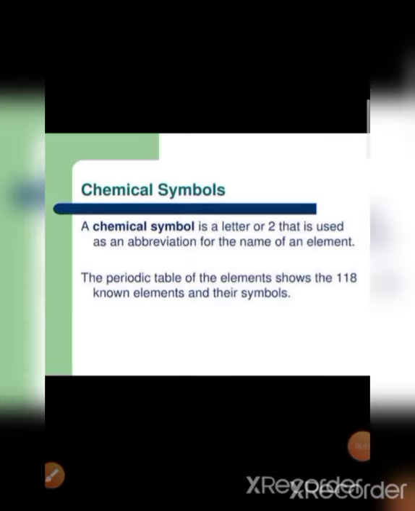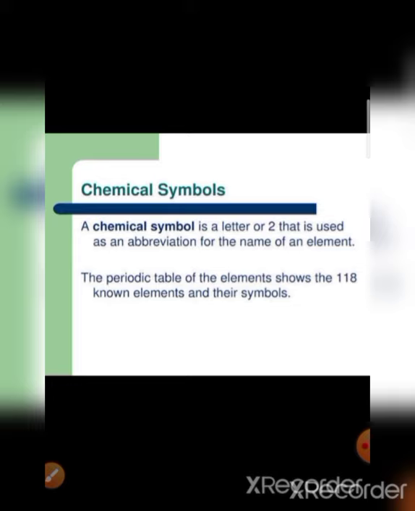A chemical symbol is a letter or two, a single letter or two letters, that is used as an abbreviation for the name of an element. Clear? The full name is nitrogen, but only N is used.